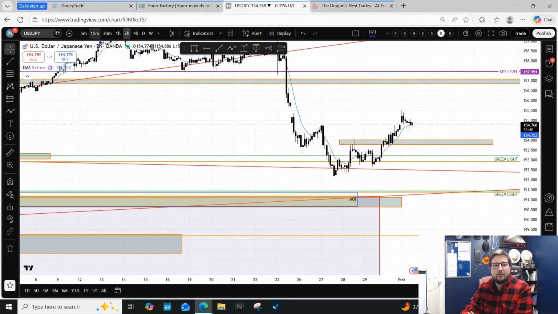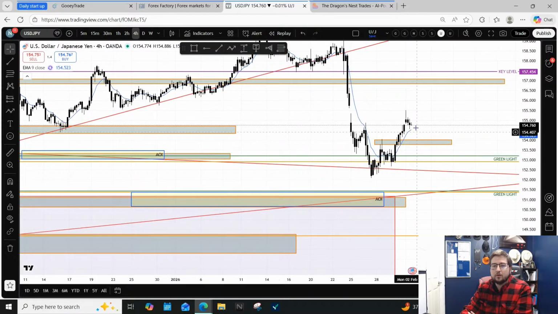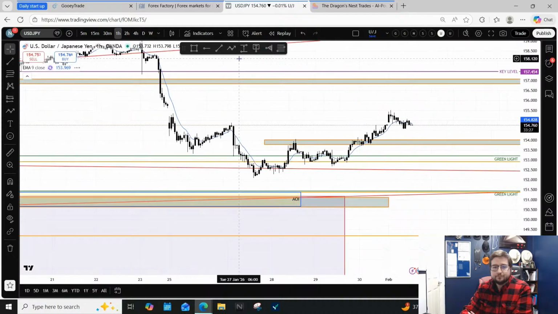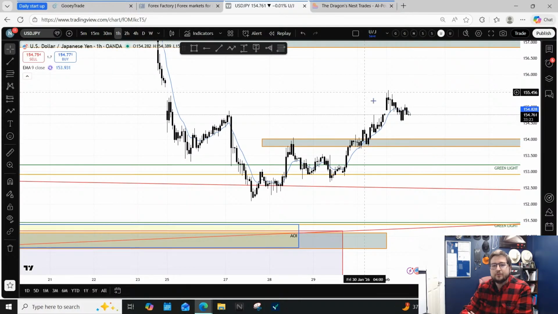So now we have the 2 hour. 2 hours still looks the same. One push up, I'm expecting a pullback and a continuation. We're currently at the 2 hour EMA. 4 hour, we are just about at the EMA. 1 hour, we're starting to cross the EMA a little bit. So on the 1 hour, we have a little bit of a lower high that's starting to form.